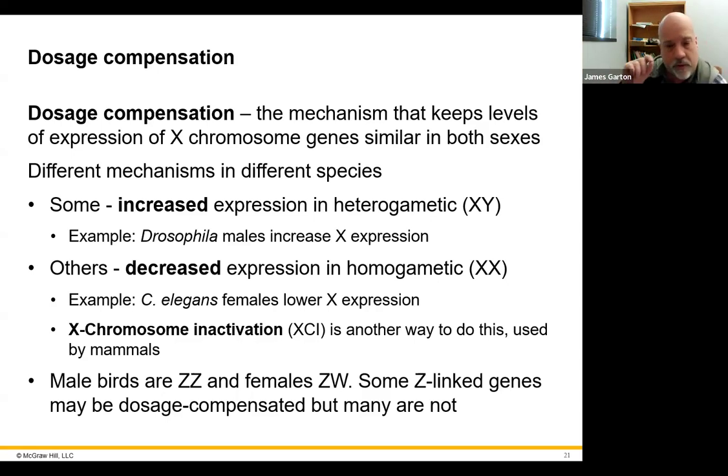And the lineage, the cells that result from that embryonic cell, will always inactivate the same X chromosome. And then in birds, some of the Z-linked genes might be dosage compensated, some aren't.